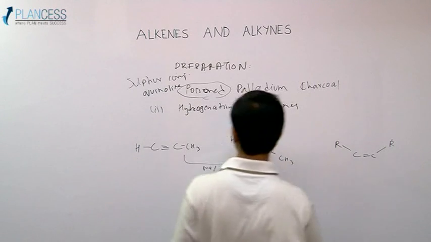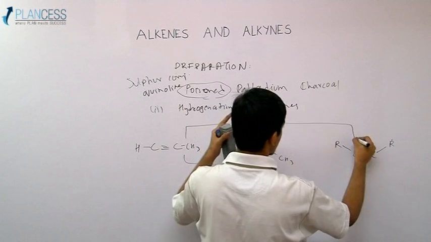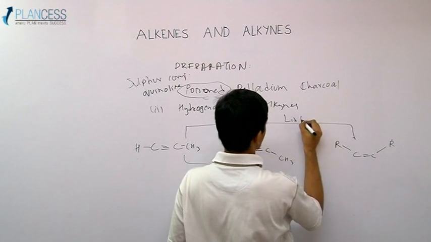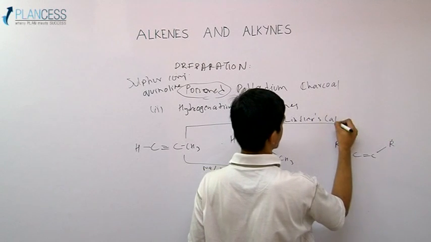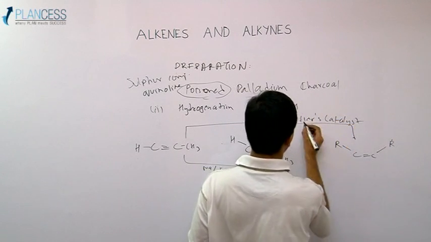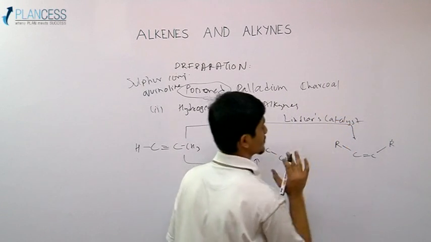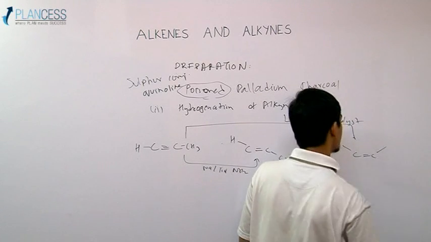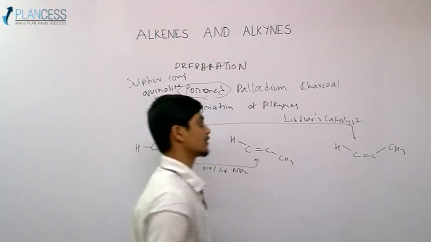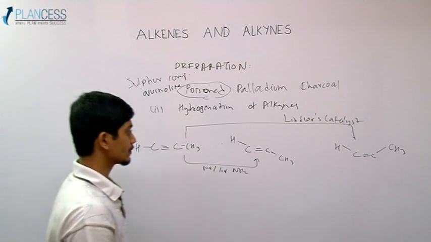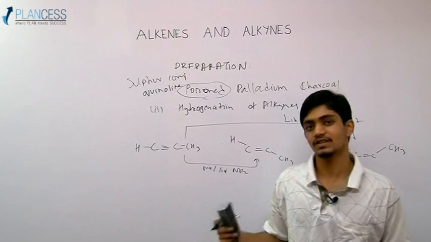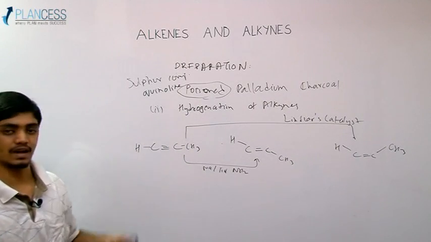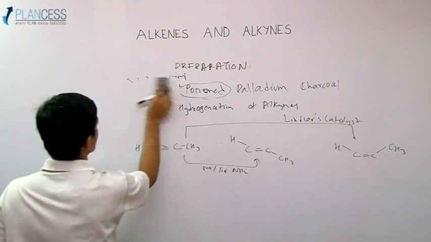Now, if you treat it with this palladium charcoal, but a poisoned one, which is also called Lindlar's catalyst. Remember, this is a very, very important catalyst and will be asked very frequently in questions. We have CH3 and hydrogen. So, this is a cis alkene and that is a trans alkene. So this was a very simple preparation of alkenes from Lindlar's catalyst and sodium in liquid ammonia.